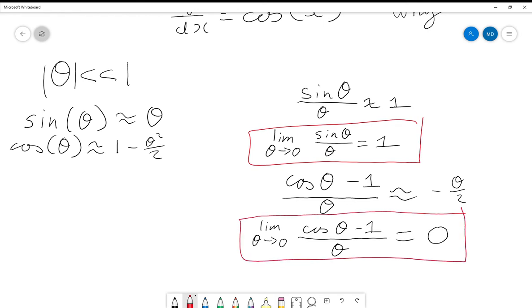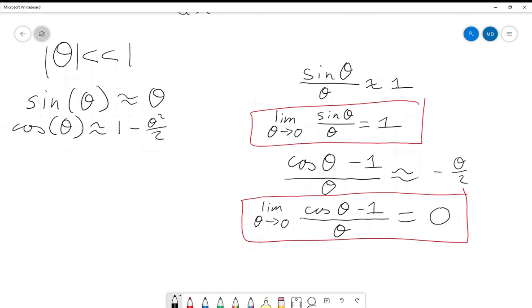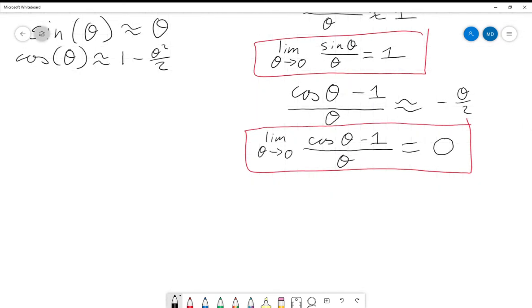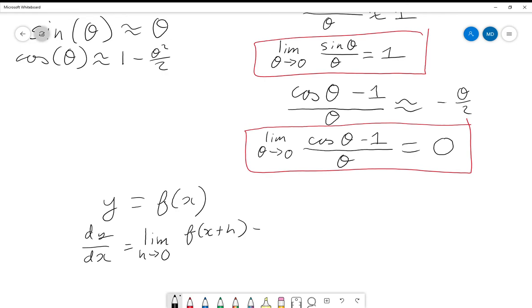Okay, and now to prove our derivative, we just need to remember our differentiation formula from first principles. If y equals f of x, then dy by dx is going to be equal to the limit as h tends to 0 of f of x plus h minus f of x all over h.